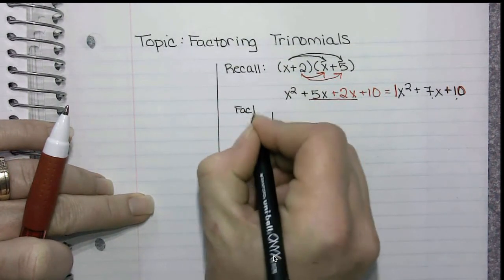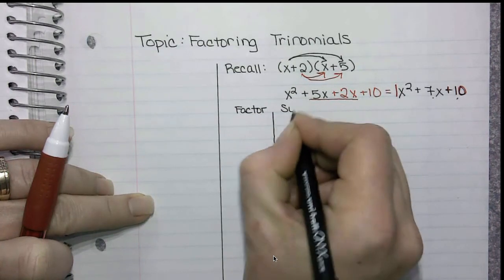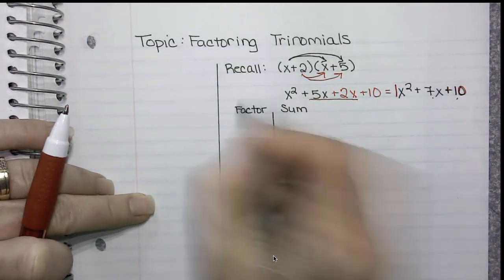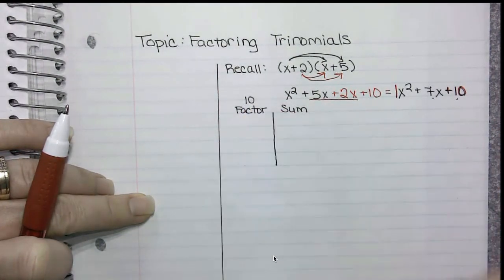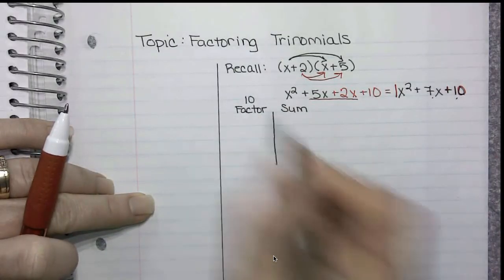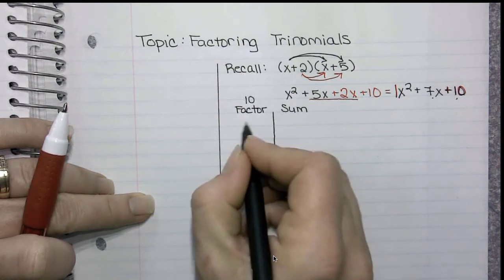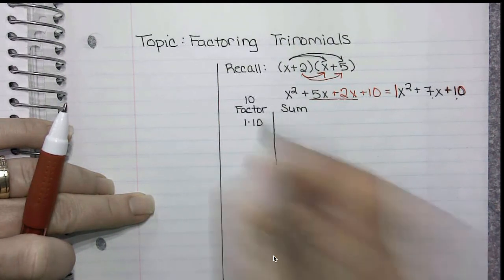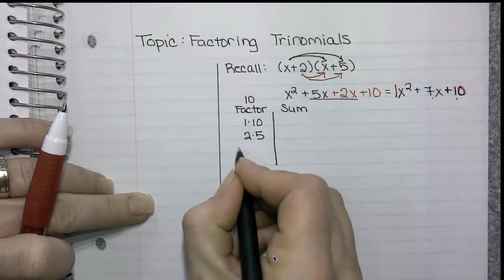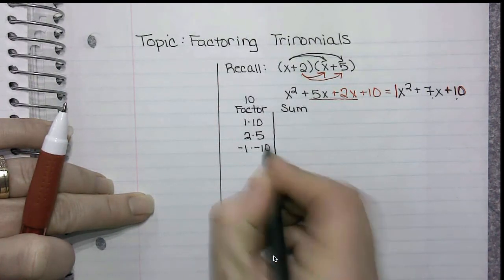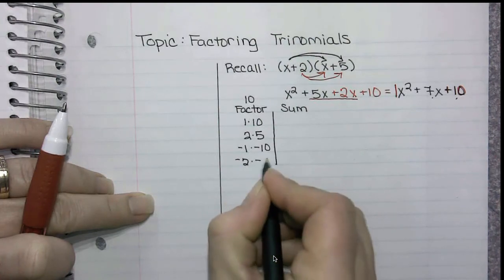Factors and sums. What we have are the factors of 10. Well, when I factor 10, the things that multiply together to give me 10, I get 1 times 10, 2 times 5. And then there's also negative cases, which we don't have to list all of the factors.